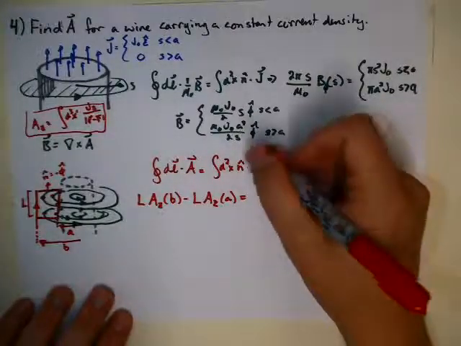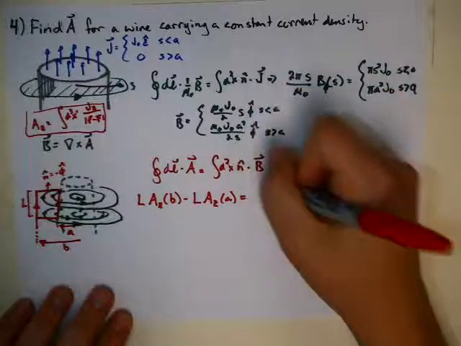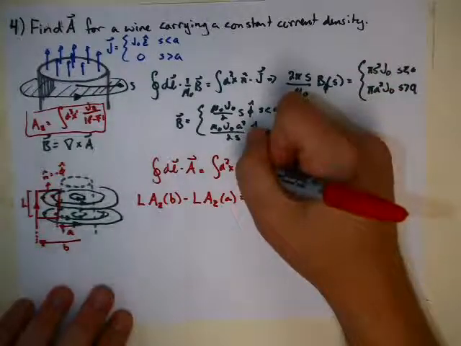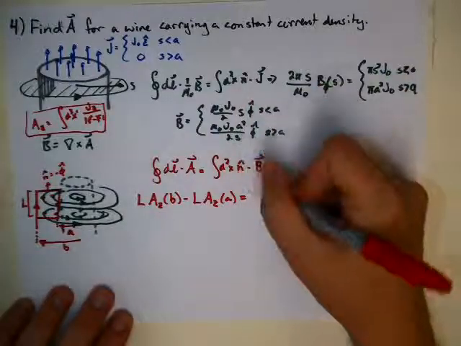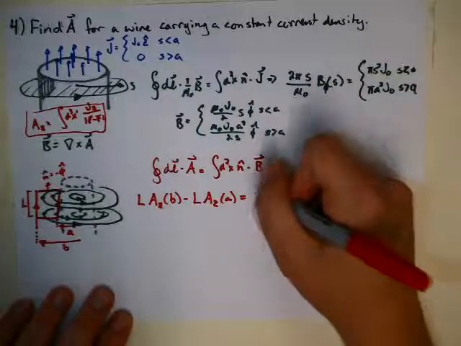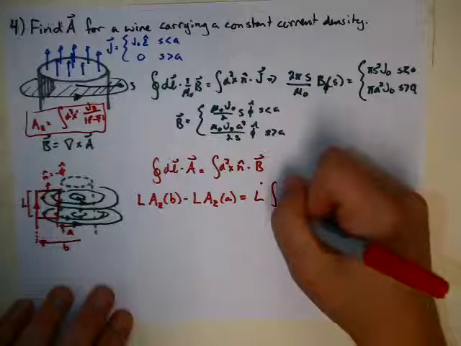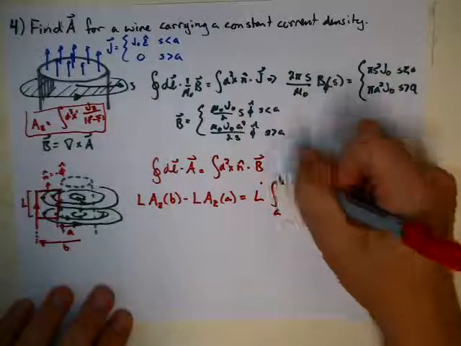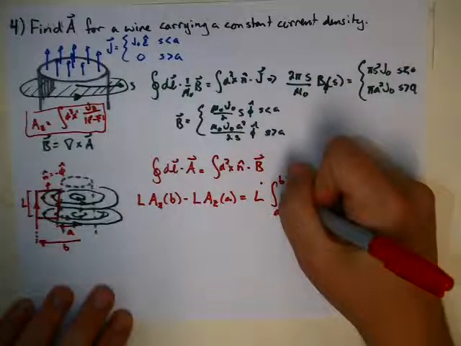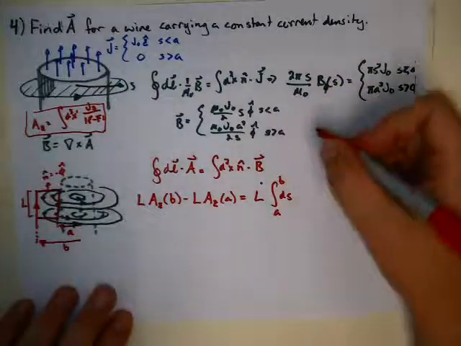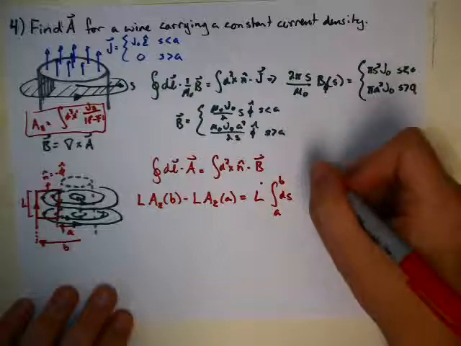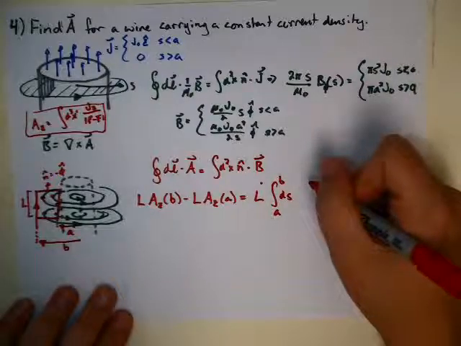But this n hat is minus phi hat, so I'm going to get a minus here. And so this is going to be L, times the integral from a to b of ds, and then I'm just going to have what this expression is.